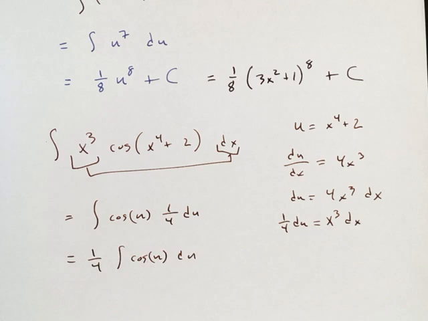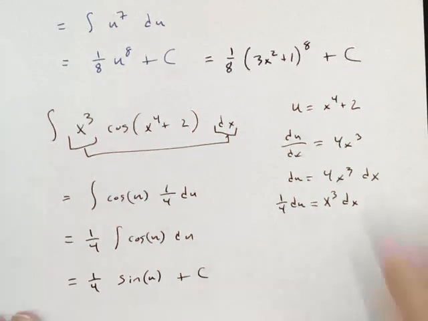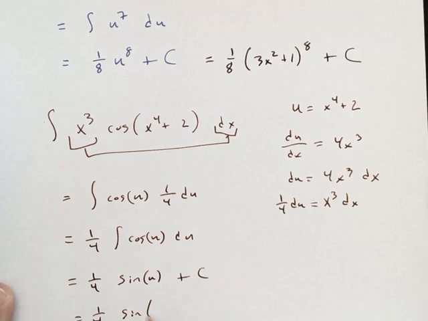I know how to do that one. What's the antiderivative of cosine of u? Sine of u plus the constant. And this time I just end up with a 1/4 in front of that. Oh wait, start in x, end in x. So 1/4 sine of x to the 4th plus 2 plus c.